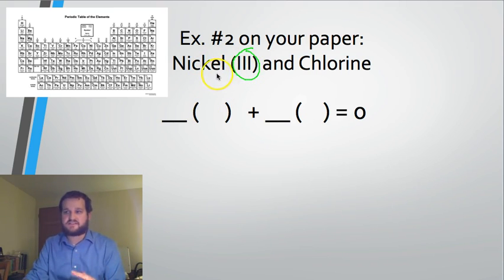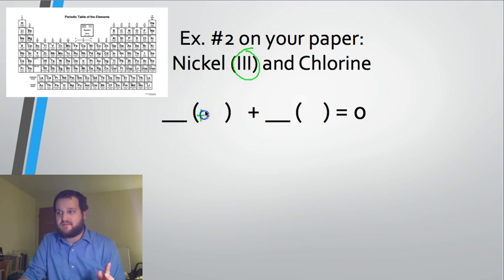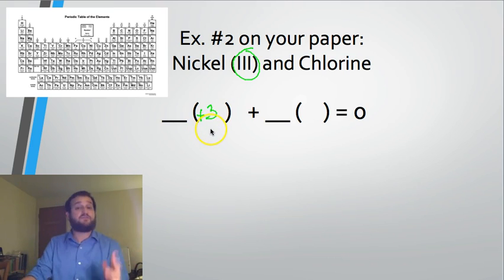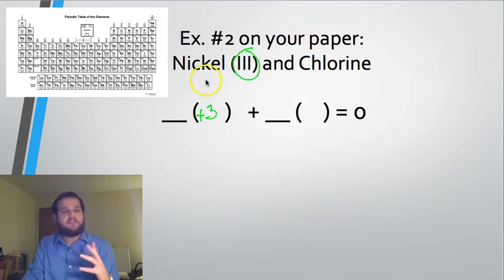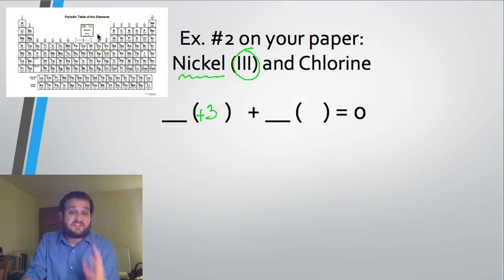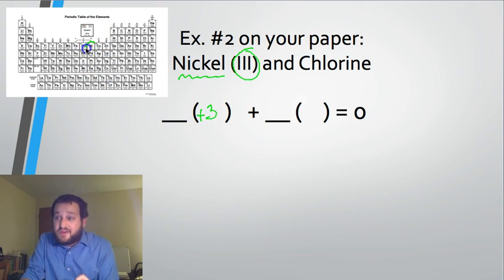Because if you notice, that 3 is in parentheses, which tells me it must be an oxidation state. So because I'm given the oxidation state, I can just throw that number right down here. Now you'll notice I put a positive in front of that 3. That's because I know nickel is a metal. I know it's a metal and I know it's a transition metal. It's right here on the periodic table, right?